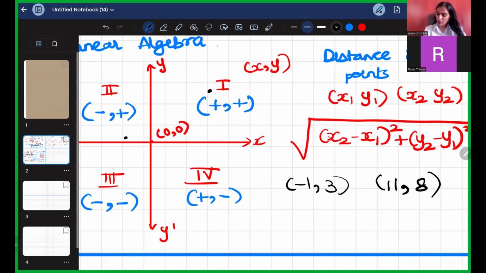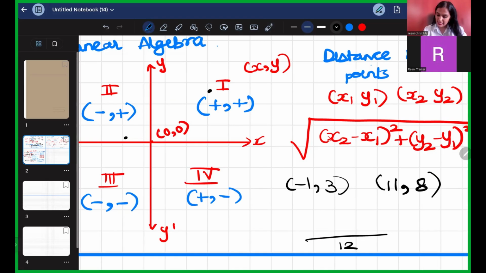So let's find out the horizontal distance between these 2 points. So the horizontal distance between these 2 points will be this, right? So what is the difference in x-axis? The difference in x-axis is nothing but 12. 11 minus minus 1.